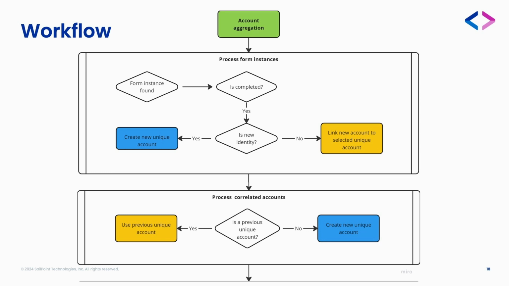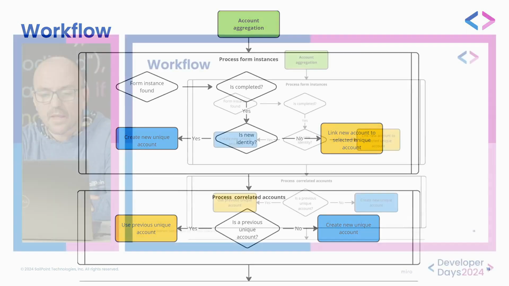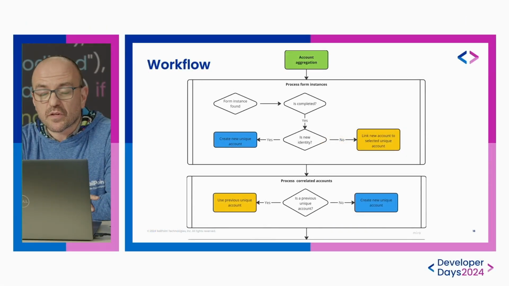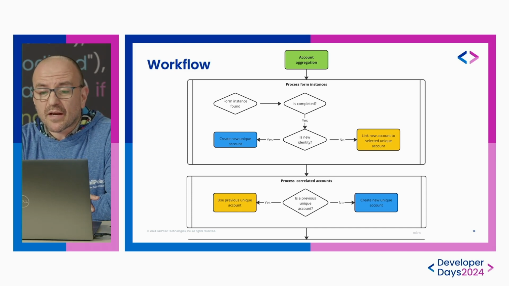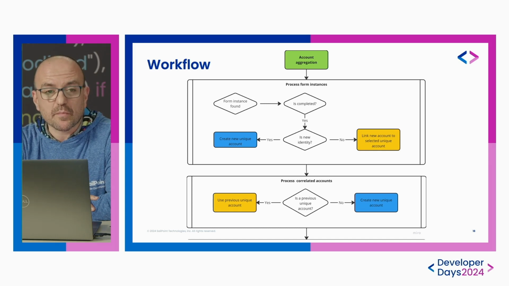If there's any, this will create a new account on this source if the response was, this is a new identity. If an existing identity was chosen from the form, the new account will be linked to that identity's proxy account. So that account is correlated to the identity and contributes to the attributes of the proxy account.